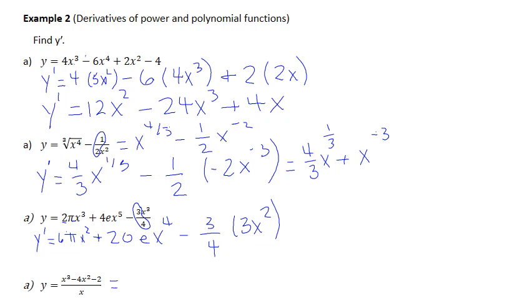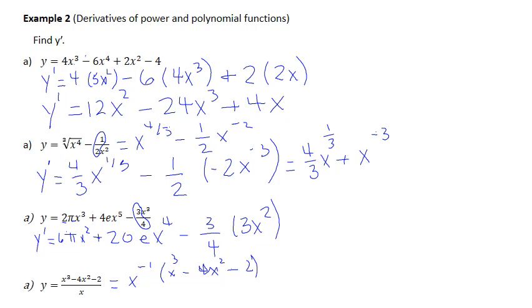I'm going to rewrite the divided by x as x to the -1 times, and then what remains, that initial polynomial. So times x to the third minus 4x squared minus 2.